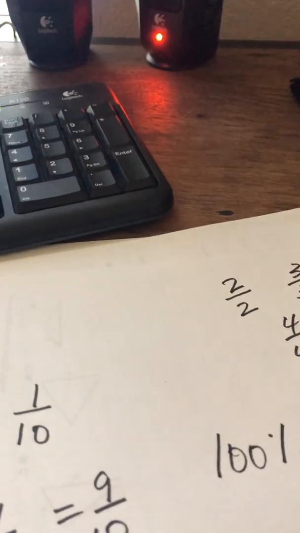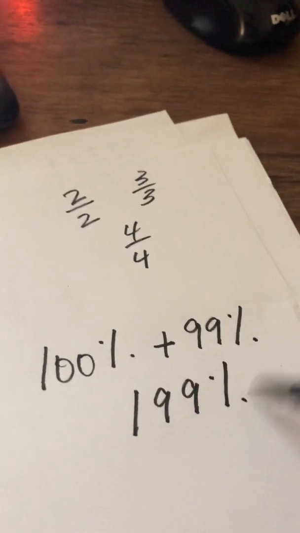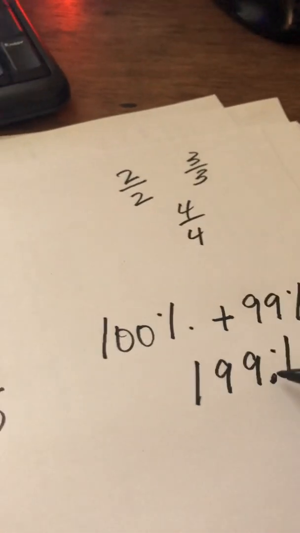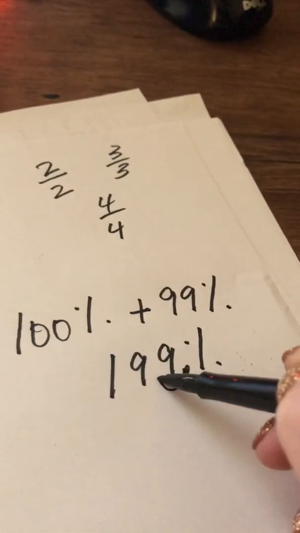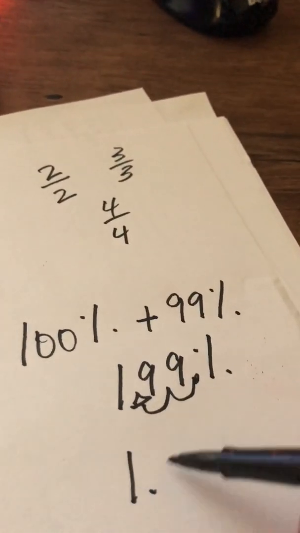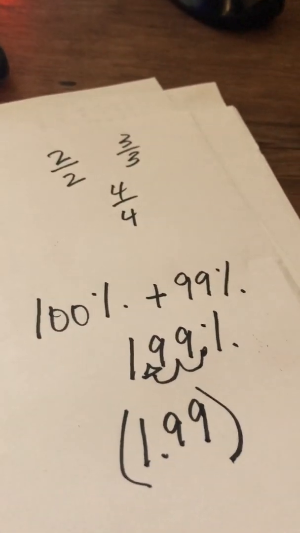And it says increase by an additional 99%. So plus 99% makes 199%. But I can't type that into my computer because I have to move the decimal and make it a regular decimal. So I take the decimal after the 9 and move it twice to the left and I get 1.99. So that's what's going to go in my parentheses.